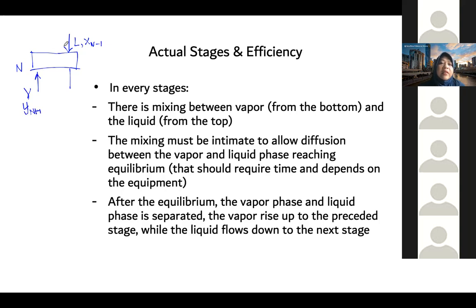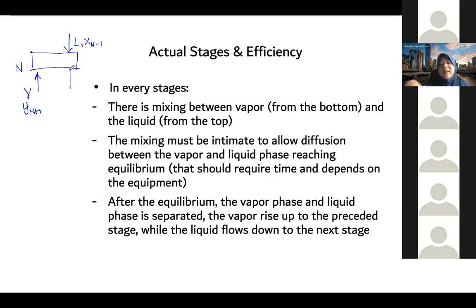So there is mixing between vapor from the bottom and liquid from the top, and the mixing must be intimate enough to allow diffusion between the vapor and liquid phases, and then it reaches equilibrium. Of course, this requires time, and it also depends on the equipment. A few weeks ago I told you it looks like a tray, like in the steamer in your home, in the kitchen.